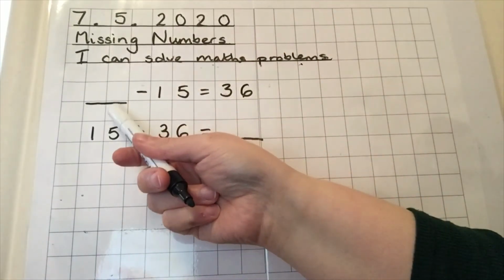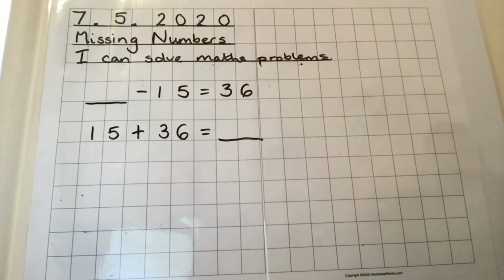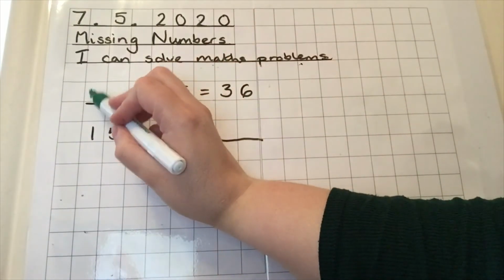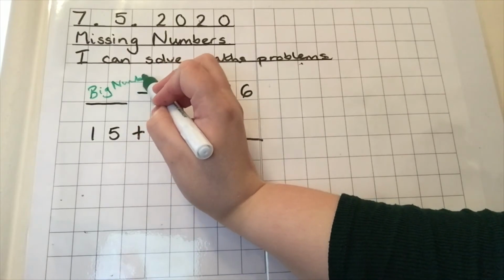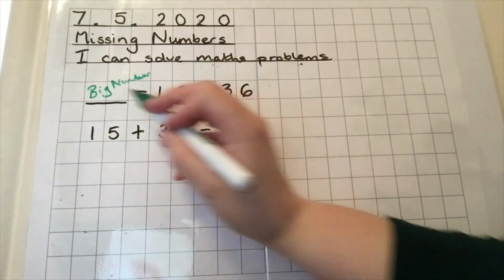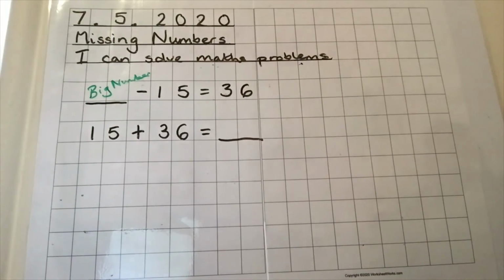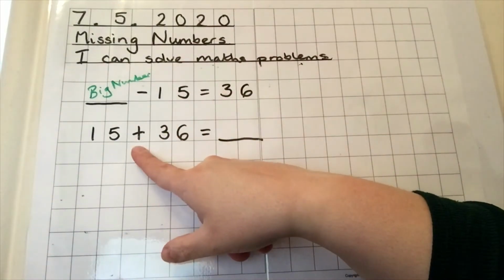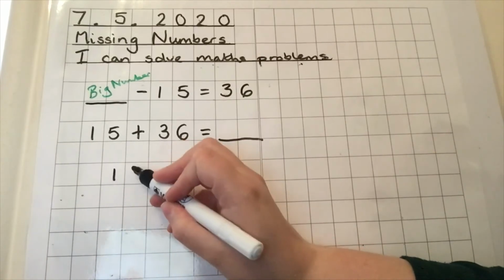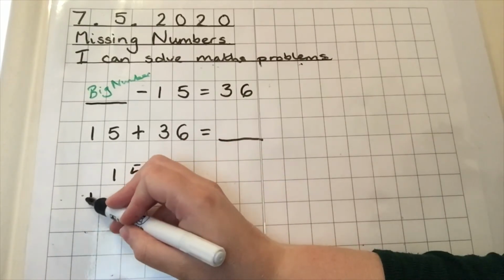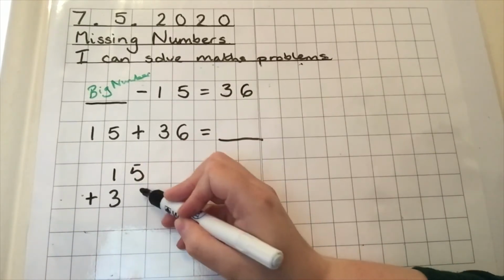So that's what we're trying to find out. Remember, big number always goes first. So this is our big number. We don't know what it is, but that's our big number. So now that is over here because it's an add. So now we can do a chimney sum. But this time it's an addition chimney sum.